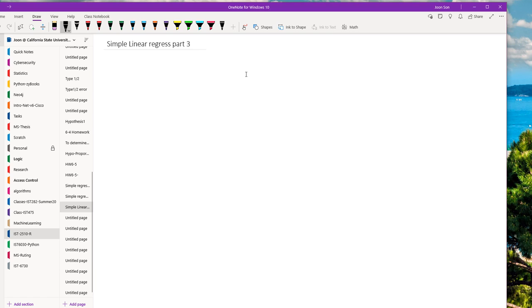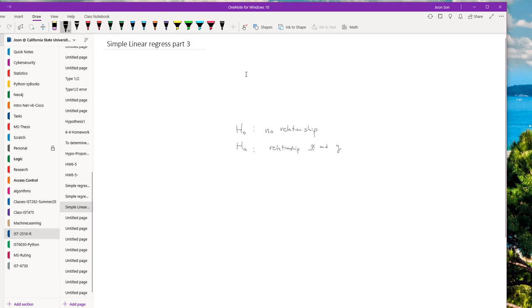So the null hypothesis is that there's no relationship, no effect. And obviously, the alternative hypothesis is that yes, there is a relationship, there is an effect between x and y.